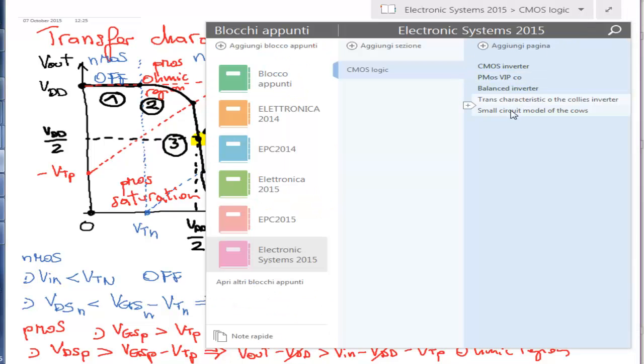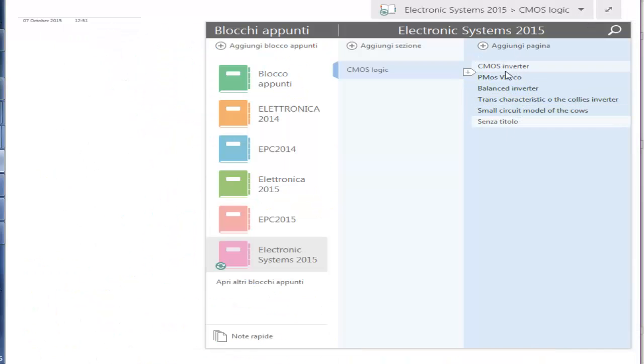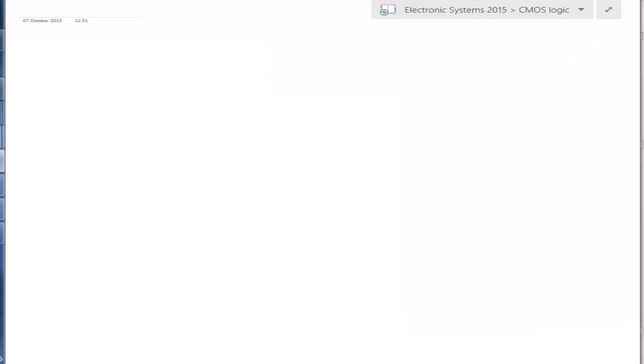Now, for the moment we have looked at the static characteristic, so at what happens when we apply an input voltage and we want to know the output voltage. When we have the transfer characteristics, of course we know for any input voltage what is the corresponding output voltage.